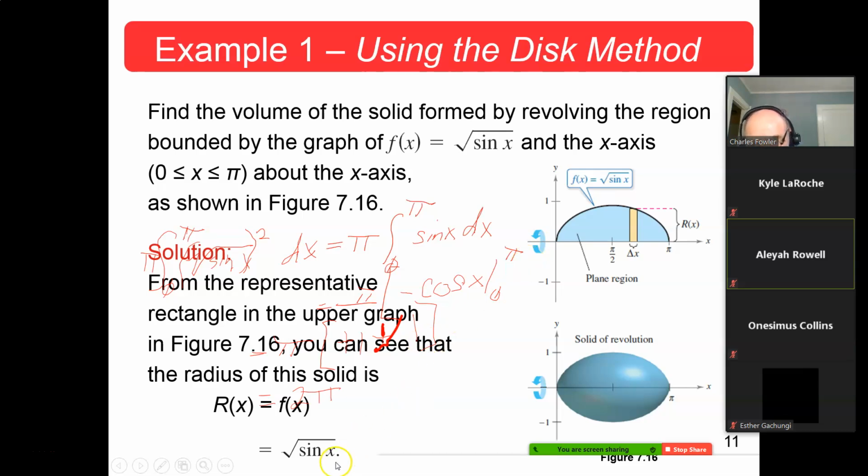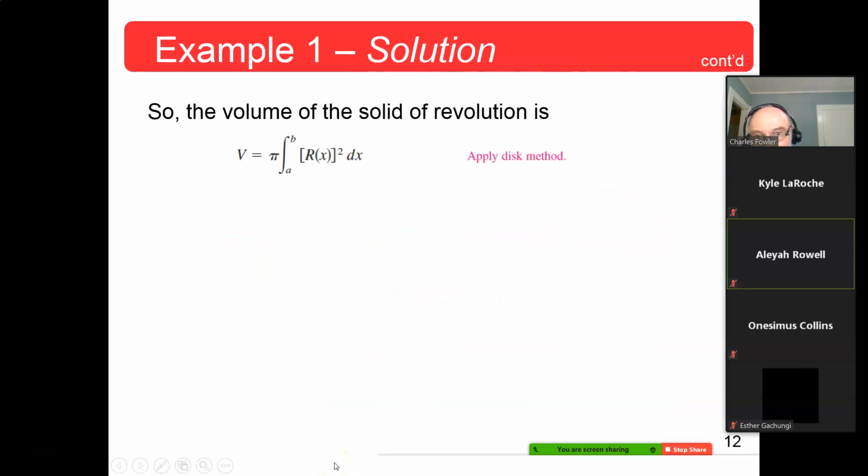And that's what we got here, square root of sine x. Your formula, the volume for a solid of revolution, is pi times the integral from a to b, and that was 0 to pi in this case, r squared, that was square root of sine squared, times dx. That's the disk method formula.